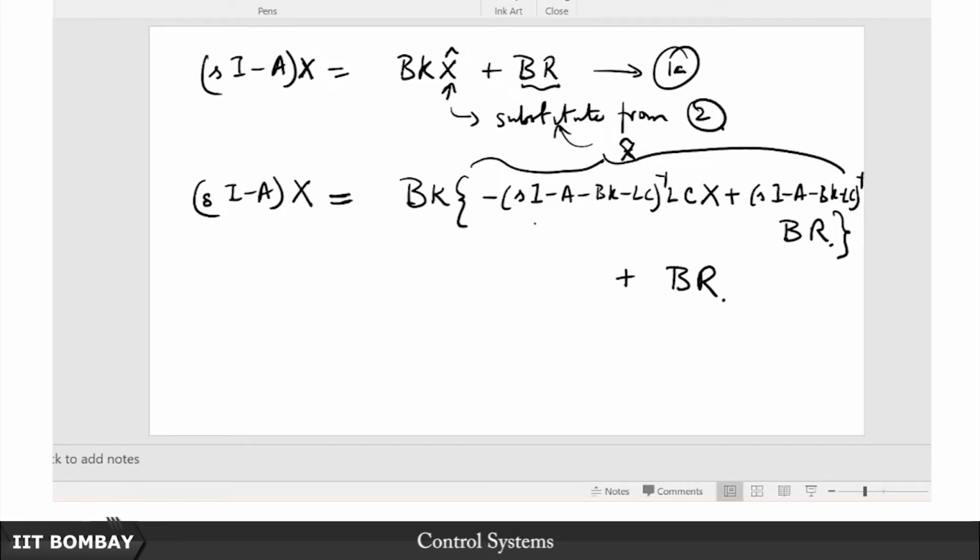How so? Let me pull out the x related terms on the left hand side. I am going to pull out this first term here, and leave the r related terms on the right hand side.